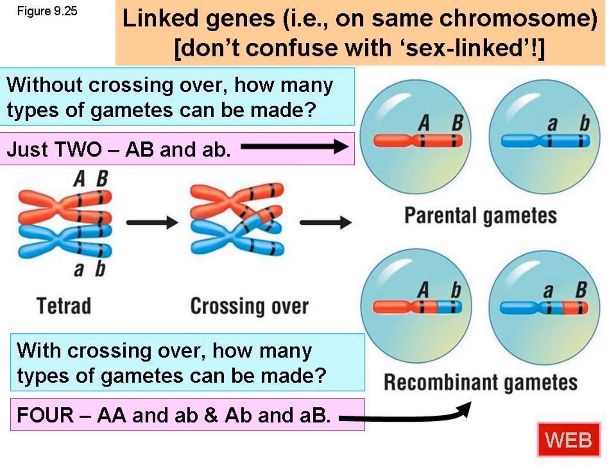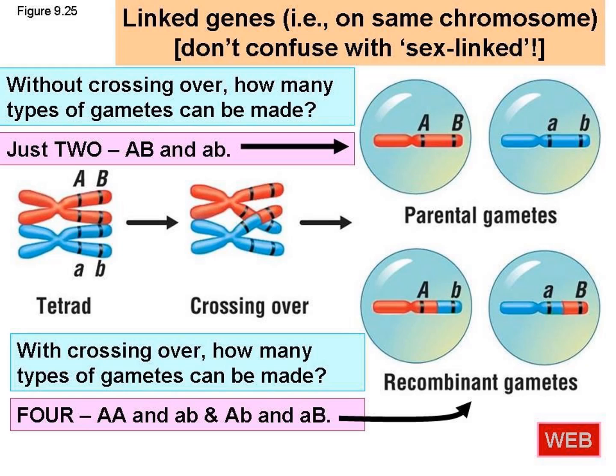This is a great figure I found comparing our linked genes with and without a crossing over event. We said linked genes are on the same chromosome. That does not mean they are sex-linked. Sex-linked is different, so we'll get into that.